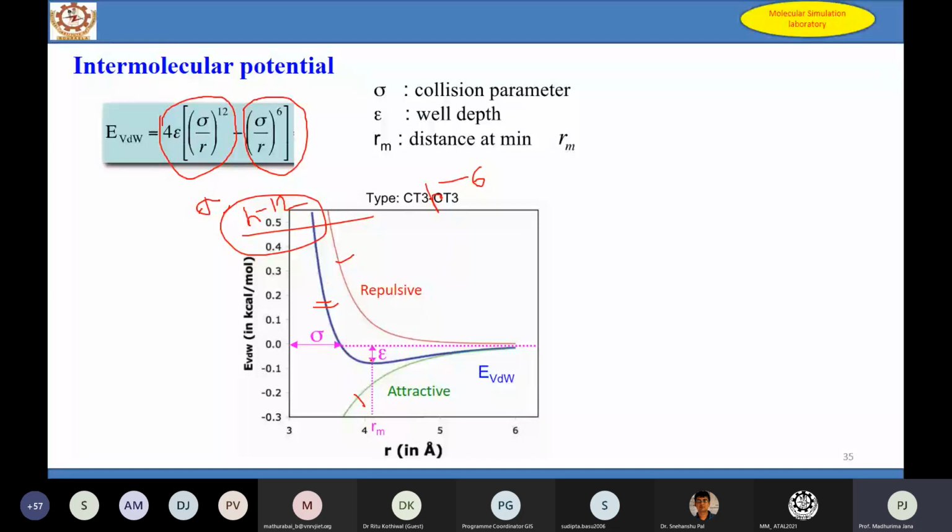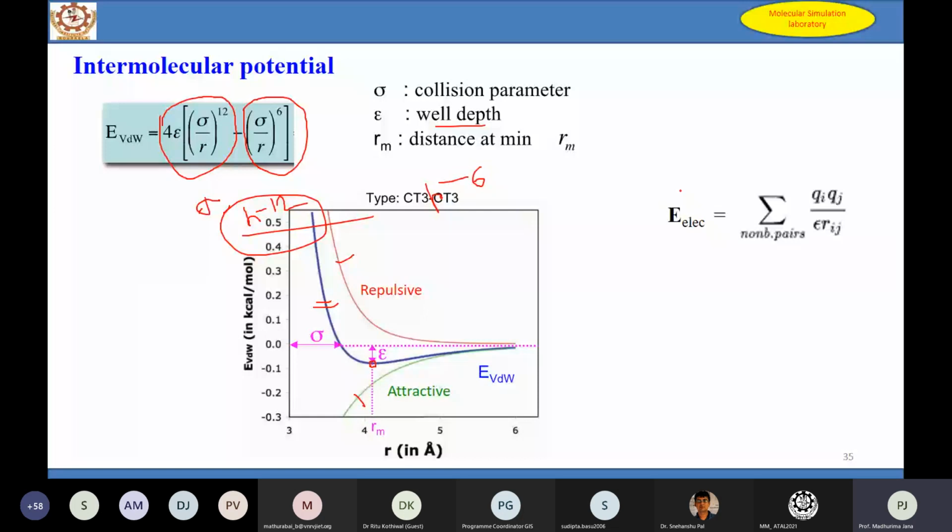This is where you have the Rm value, the minimum distance, and the potential at that point relative to zero is the well depth, known as epsilon. And this is sigma, the collision parameter. Other than van der Waals interaction, we have the electrostatic interaction, which is based on the Coulomb interaction, defined by this expression.